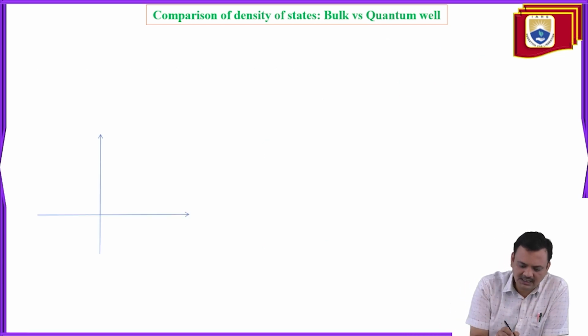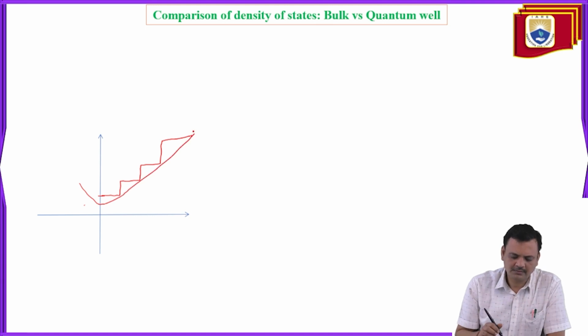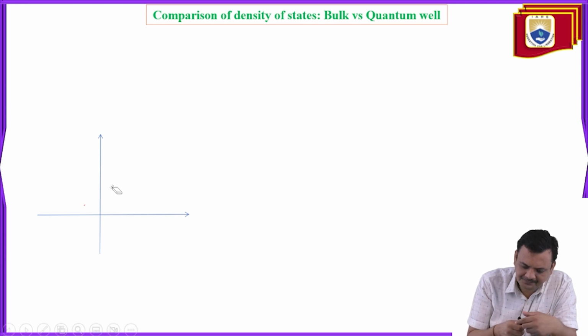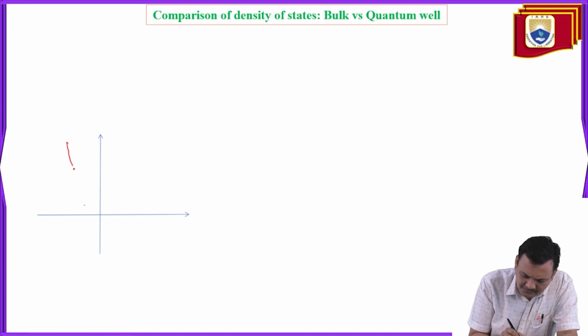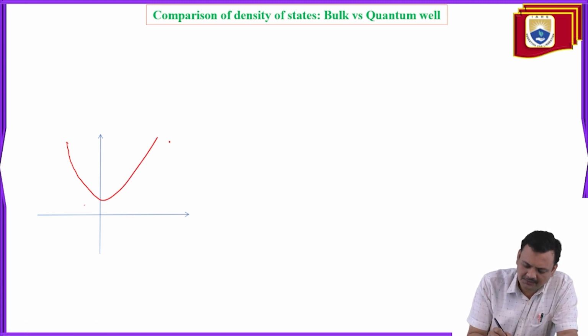Let's suppose this is your density of state variation, parabolic in the bulk case, but in the quantum well structure it starts from here.